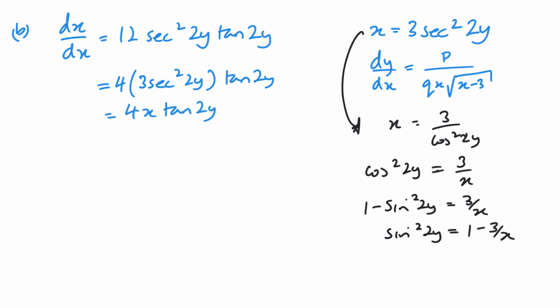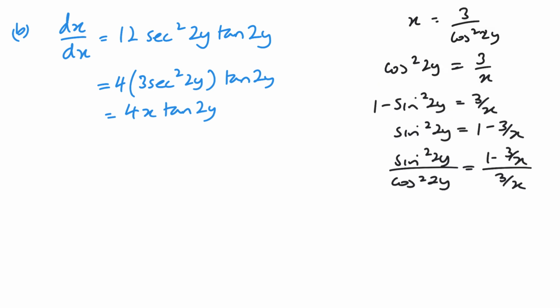Now, before I square root, let's think about putting these together. So sine squared 2y divided by cos squared 2y is going to be 1 minus 3 over x over 3 over x. So that means I get tan squared 2y equals. If I make this a little bit nicer for you to see, the top one would be the same as x minus 3 over x.